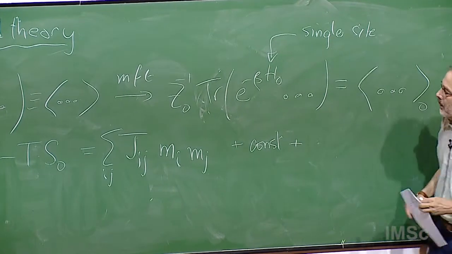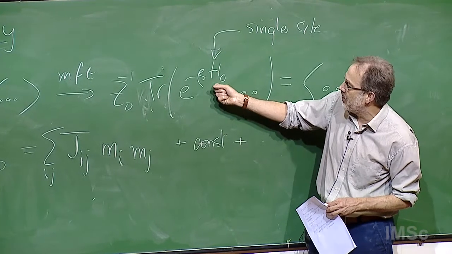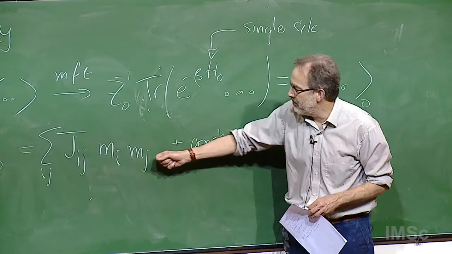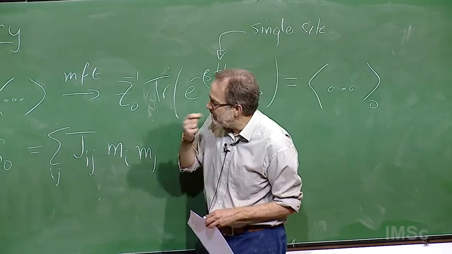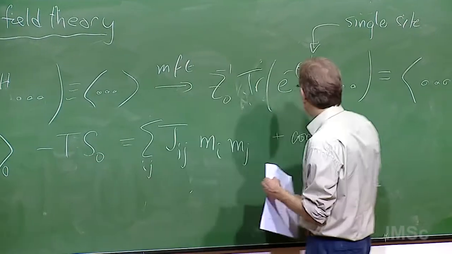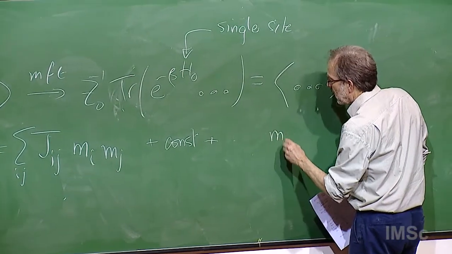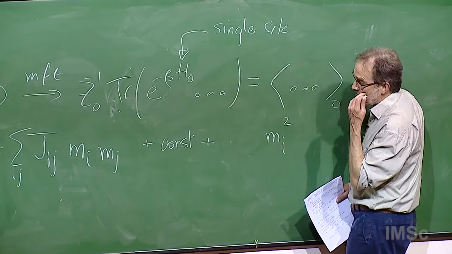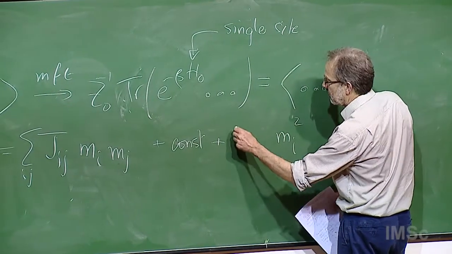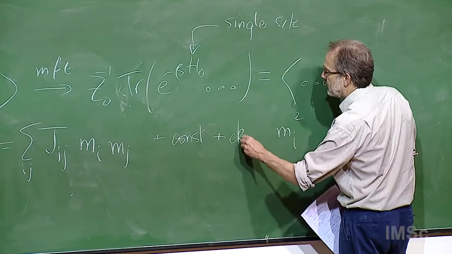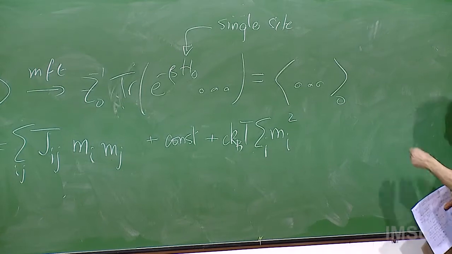And as we increase whatever exchange fields there are in this Hamiltonian, and therefore increase the magnetization at the sites, the entropy decreases, so we end up with some positive term involving the square of the magnetizations, and so that has a coefficient which is some constant times kT, and involves the sum of the squares of magnetizations.